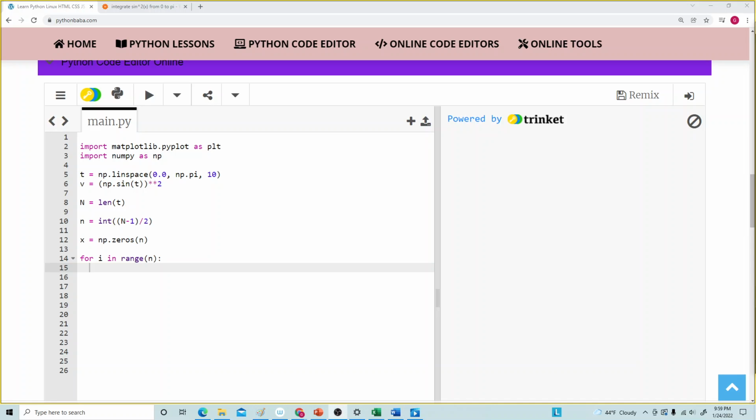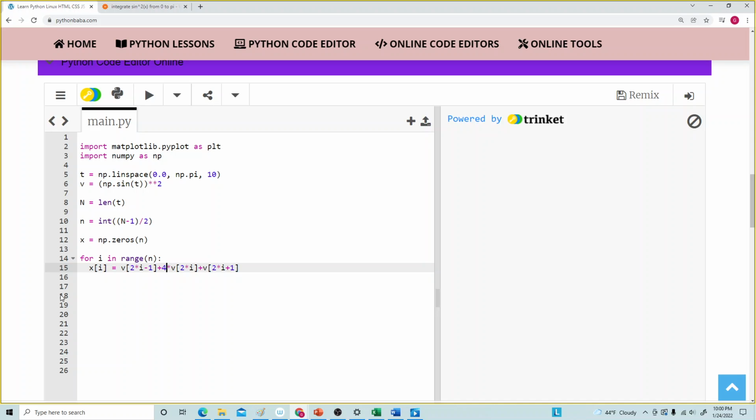And so our loop is going to look like this. x[i] is going to equal v[2i minus 1] plus 4 times v[2i], and I technically need multiplication signs in here or else it won't know what to do, plus v[2 times i plus 1].